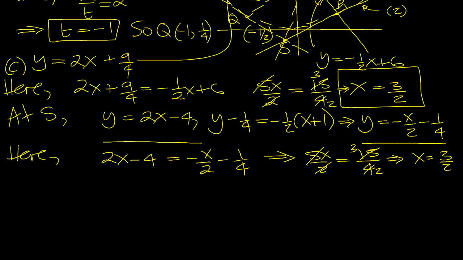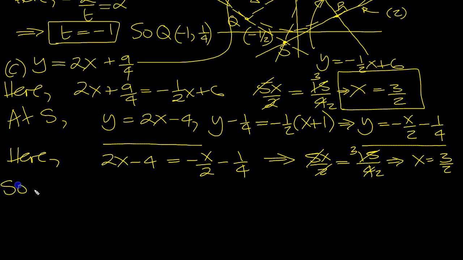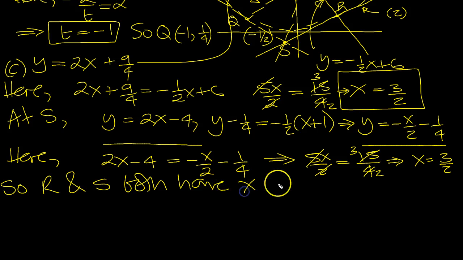So R and S both have x coordinate 3 over 2.